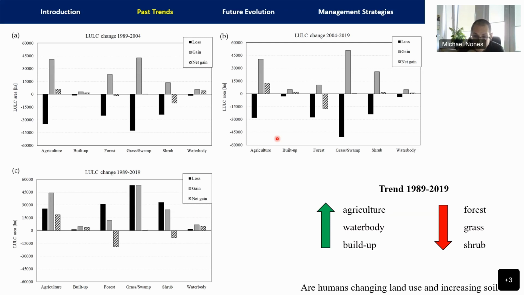We have a net increase of those areas, and of course we have also a decrease in terms of forest, grass, and shrubs. So the man-made areas are increasing, the natural areas are decreasing over time. So this means that we observe rather relevant changes in land use.